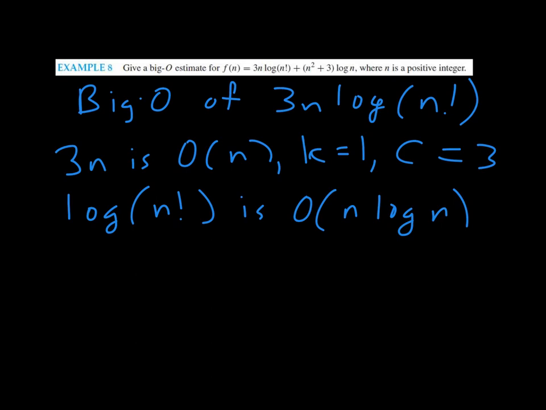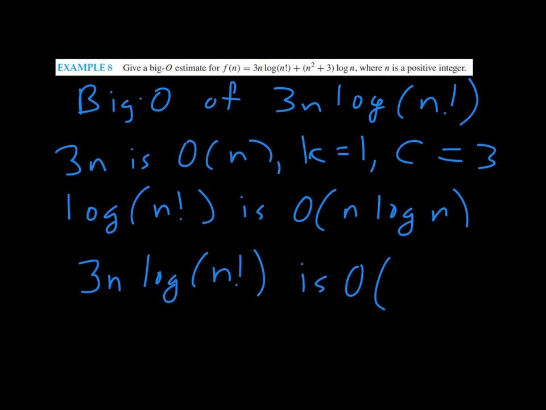So using that previous theorem, if you want to find big O of two things multiplied together, it's going to be big O of what bounds both of them. That is, if we take 3n times log of n factorial, this is going to be big O of the big O estimate for 3n times the big O estimate for log of n factorial.